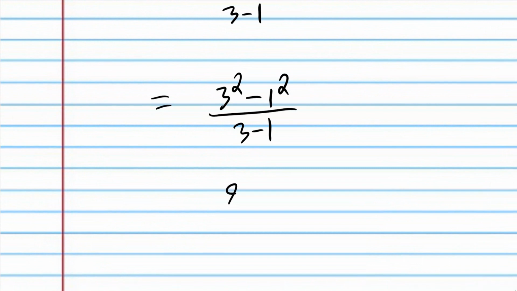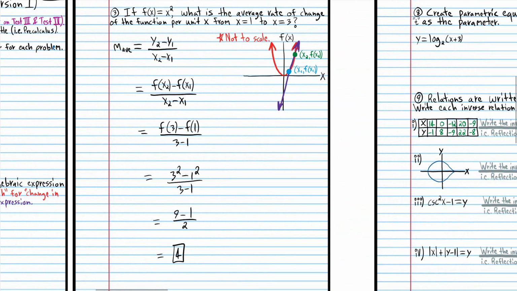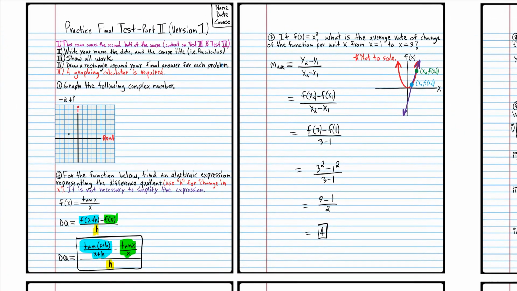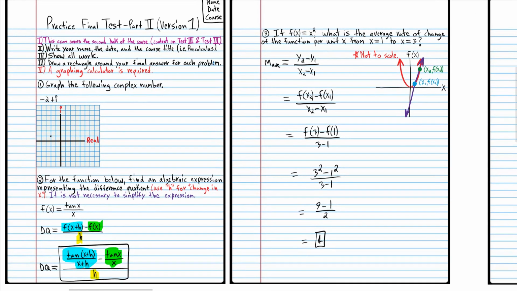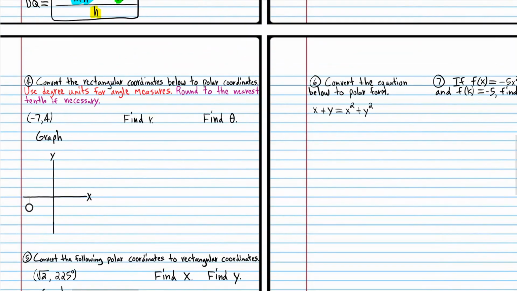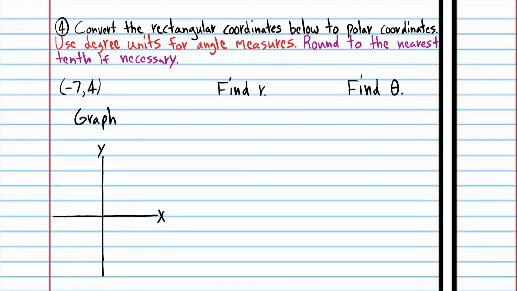So 3 squared is 9, 1 squared is 1, 3 minus 1 is 2, so we're left with 4. Y increases by 4 units for every 1 unit that x increases. That's the average rate of change of the function. The function is the red curve. So if you got that right, good job. That's the definition of the average rate of change in that interval. So I want you to try number 4, and when you come back, we'll do it together.